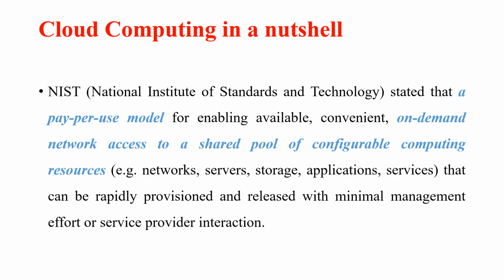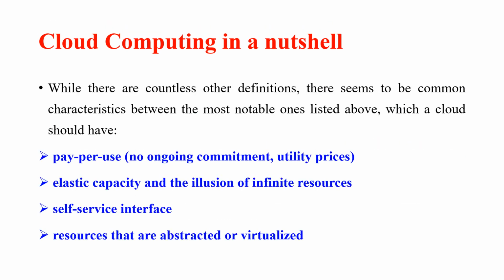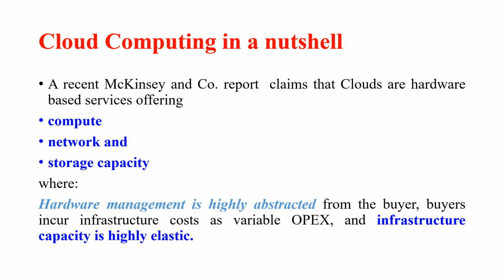Here the computing resources are networks, servers, storage, applications, and different kinds of services. This is the main characteristic. Cloud should have a pay-per-use model, elastic capacity, a self-service interface, and resources that can be abstracted or virtualized. The cloud mostly concentrates on three things, CNS: compute, network, and storage.